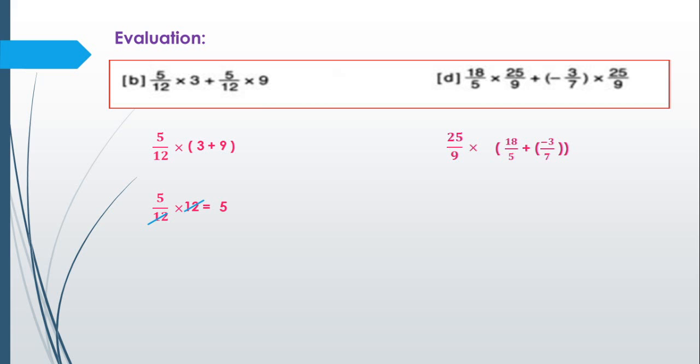So you can write in the denominator 5 times 7 equals 35 and the numerator will be 111 after adding. So simplify 35 divided by 5 and 25 divided by 5 equals 5. The answer will be 555 over 63. It will be 8 and 17 over 21.